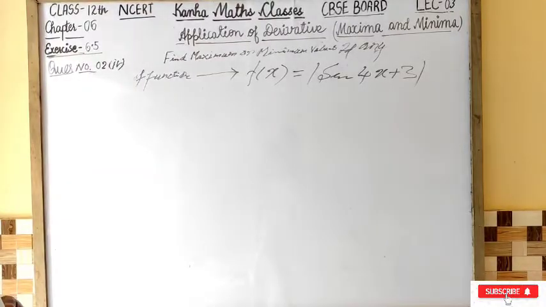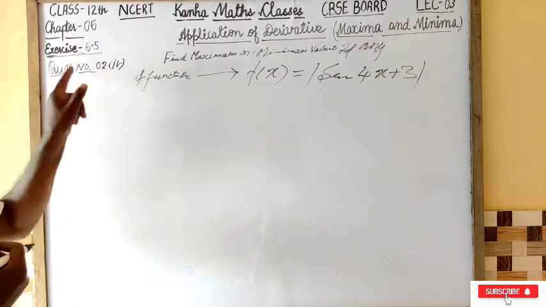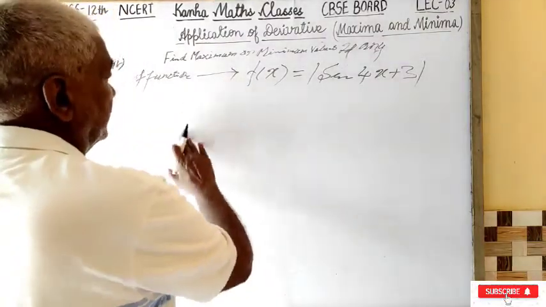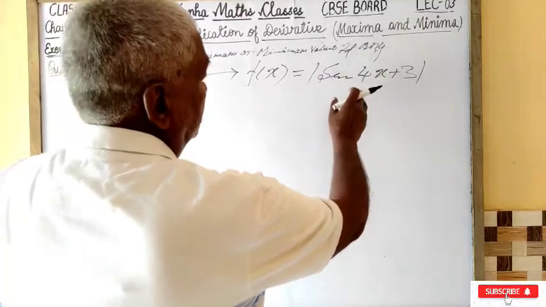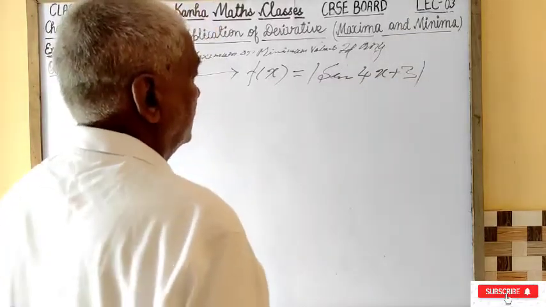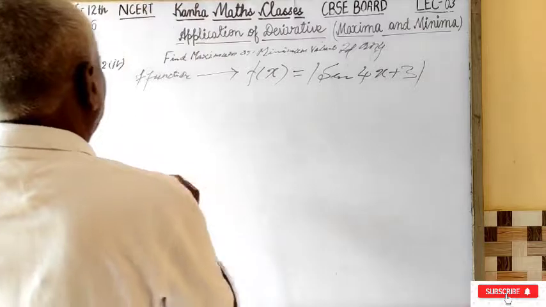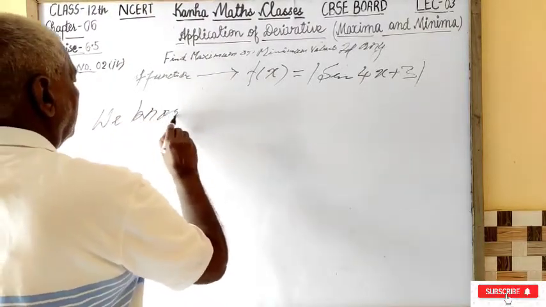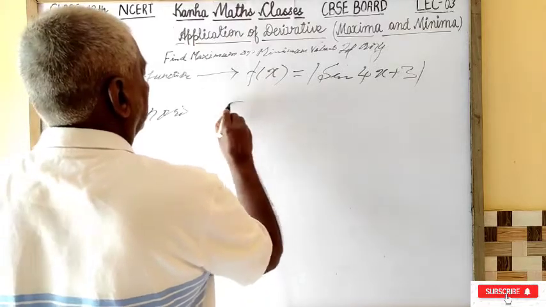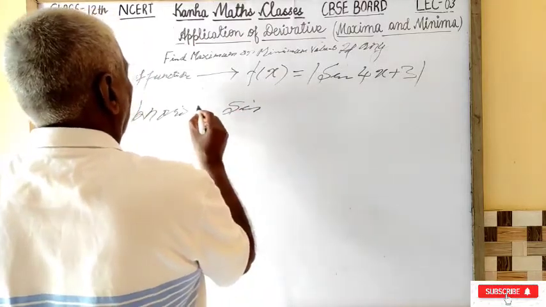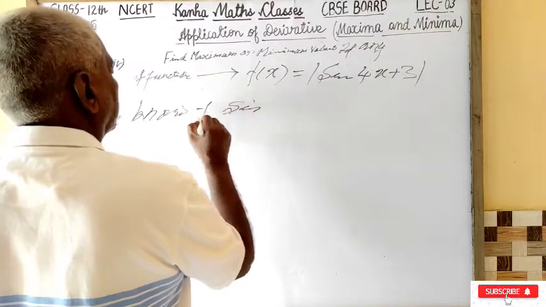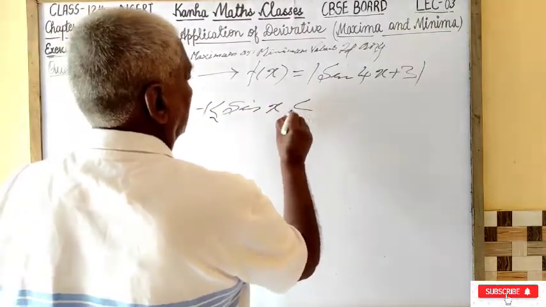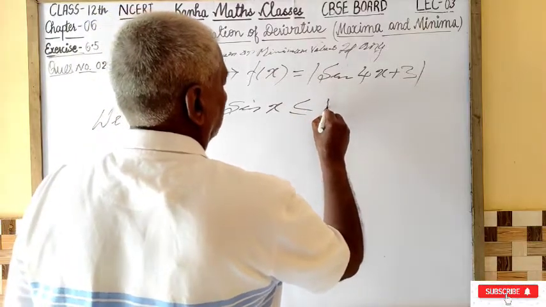In the same question, sub part four of question number 2 of the same exercise, it is given that the function f(x) is mod of sin 4x plus 3. We know already that minus 1 is less than or equal to sin x, which is less than or equal to 1.